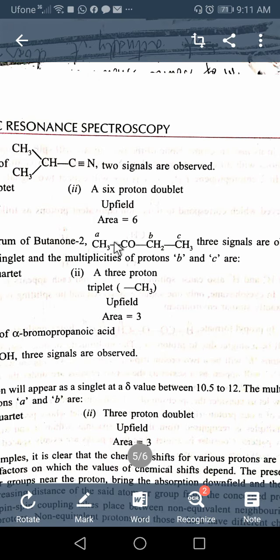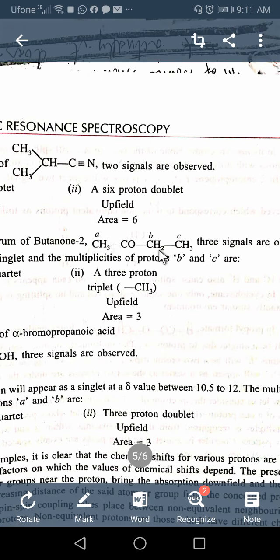This is 1, this is 2, this is 3. 3 non-equivalent sets of protons are present in 2-butanone. So now we see the splitting of the CH3 protons. Since there are no protons on the adjacent carbon atom, it will give a singlet peak. Its peak will not be split.